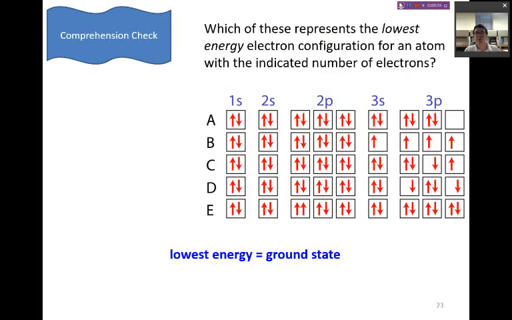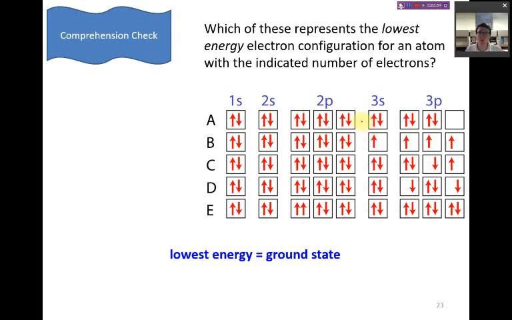Which of these represents the lowest energy electron configuration for an atom with the indicated number of electrons? So, go ahead and pause this one and try this on your own first. Welcome back. So let's talk through these.